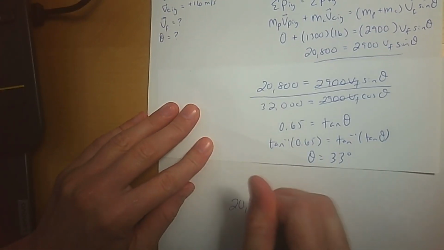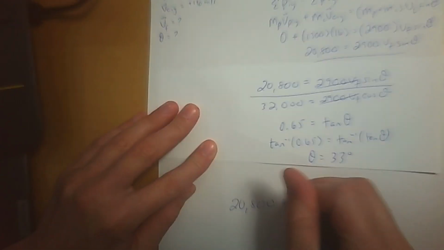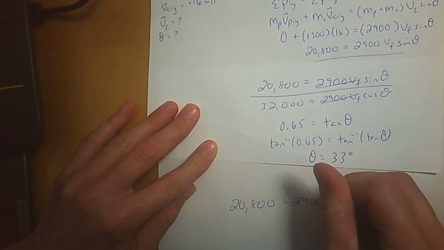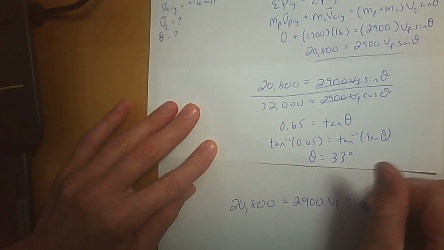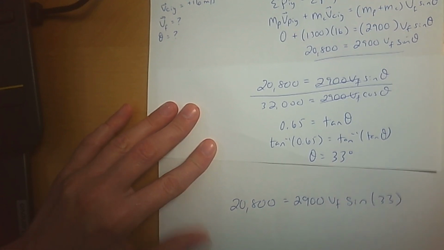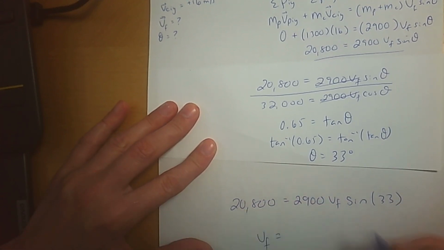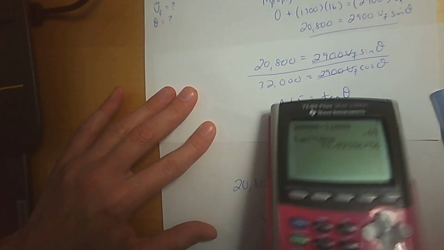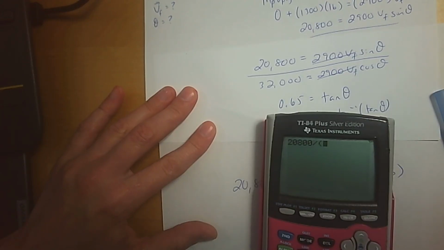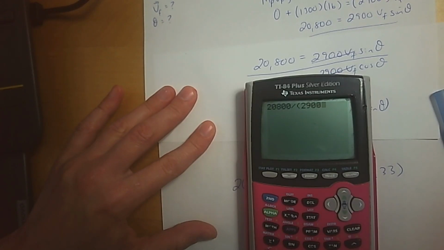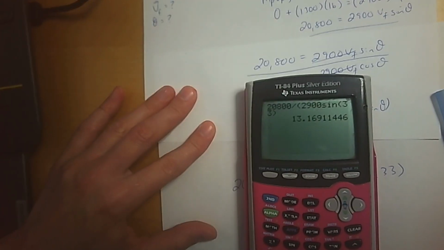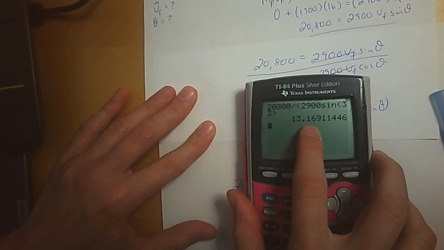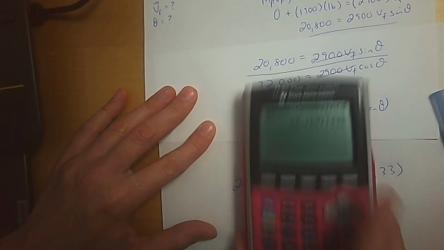So we have 20,800 equals 2,900 times v final multiplied by the sine of 33 degrees, which means v final is going to equal 20,800 divided by 2,900 times the sine of 33. And I got 13.169, or 13 meters per second.